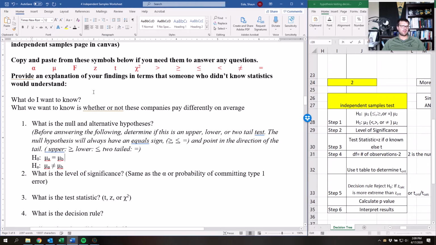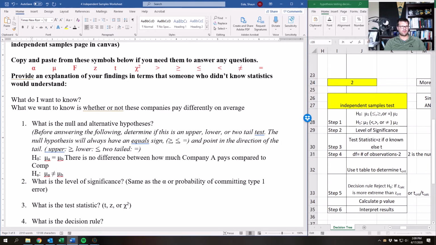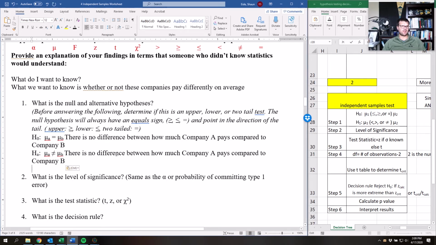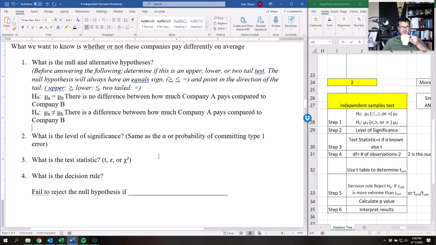And what this means is there is no difference between how much company A pays compared to company B. And then the alternative hypothesis says that there is a difference between how much company A pays compared to company B.